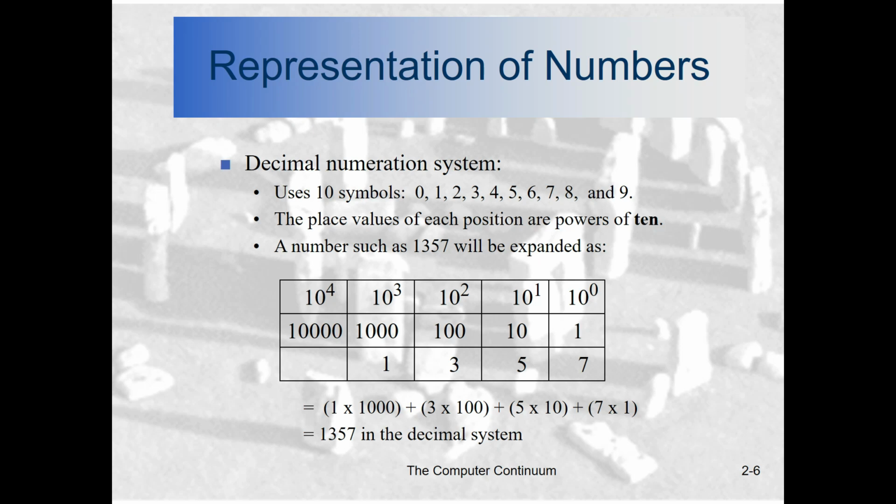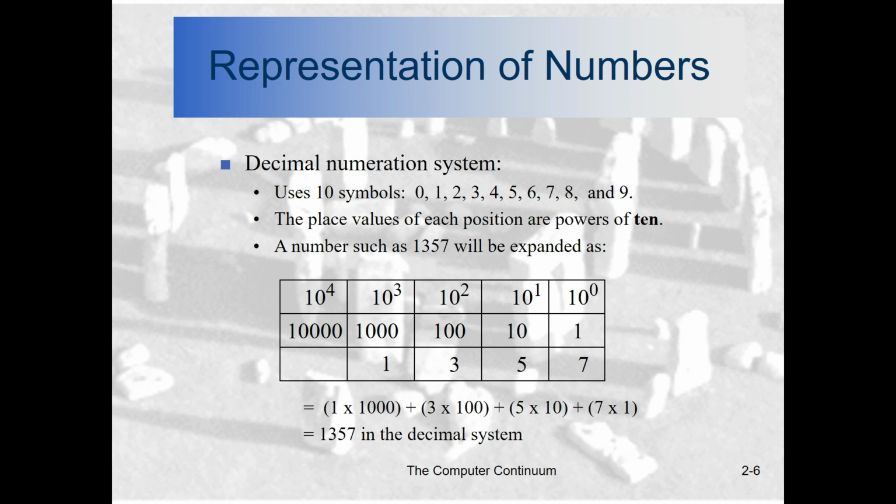A number such as 1357 will be expanded using 10 raised to power 0, which represents 1, then 10 raised to power 1, 2, 3, and so on. Based on that, we can represent 1357 in base 10 representation. So that's how it works.